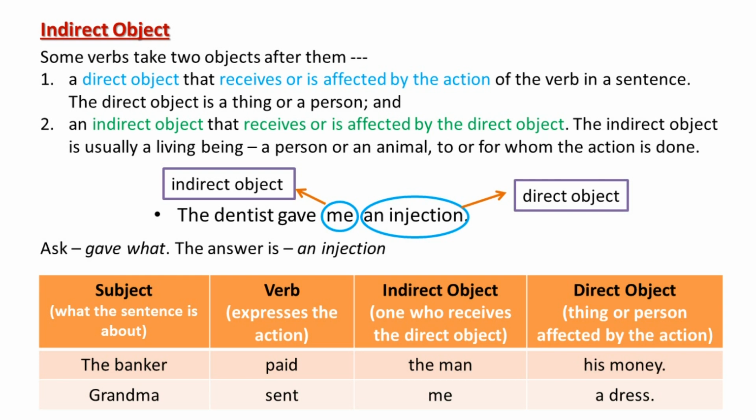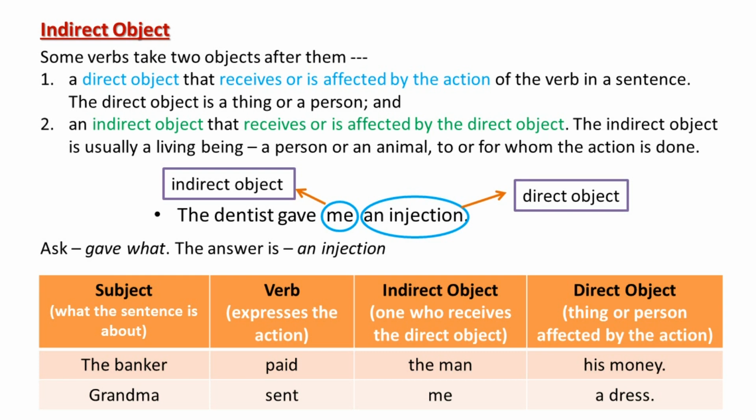The banker is the subject and paid is the verb which expresses the action, and the man is the indirect object, the one who receives the direct object, his money, and his money is the direct object which is affected by the action paid.